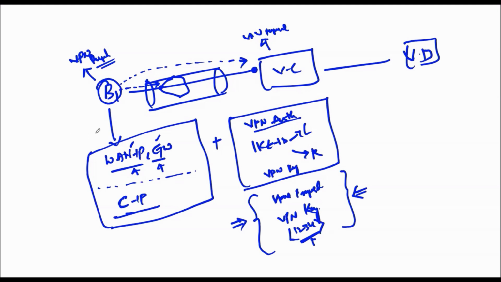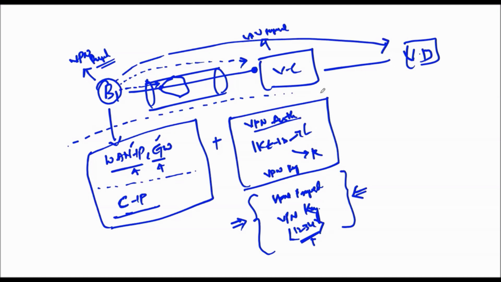Once you have entered all these parameters, there would be a tunnel between the branch and the controller. But how does the branch get the configuration from the VD? It has to present the serial number. Whatever serial number the branch presents to the VD, the VD will try to verify in the database.